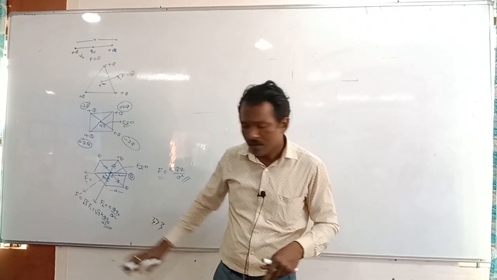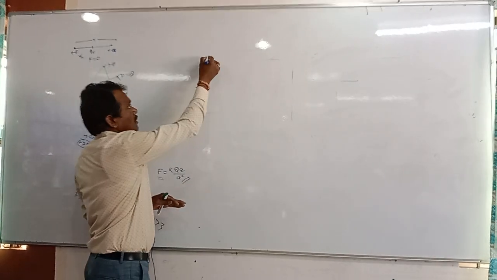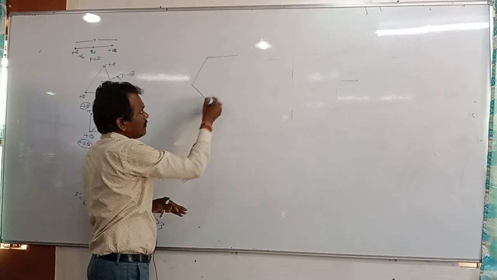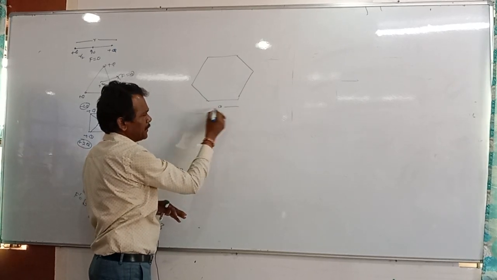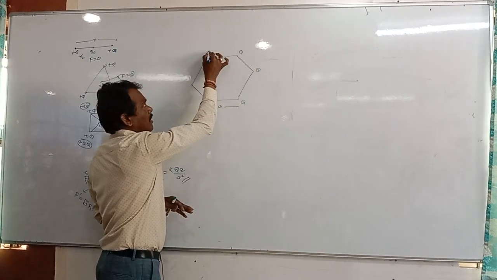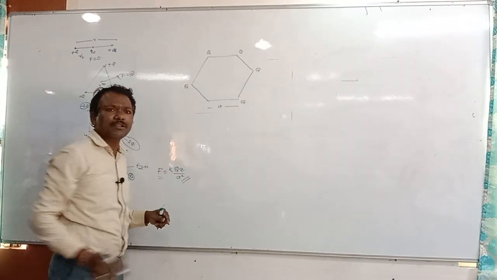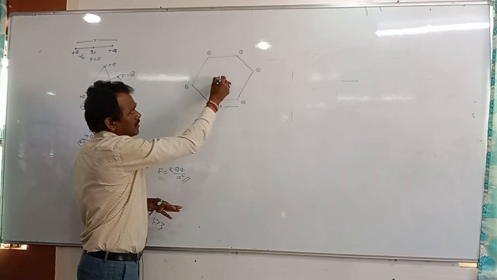See here, we took a hexagon of side A. Like charges are at the corners of the hexagon, and Q naught is at the center.